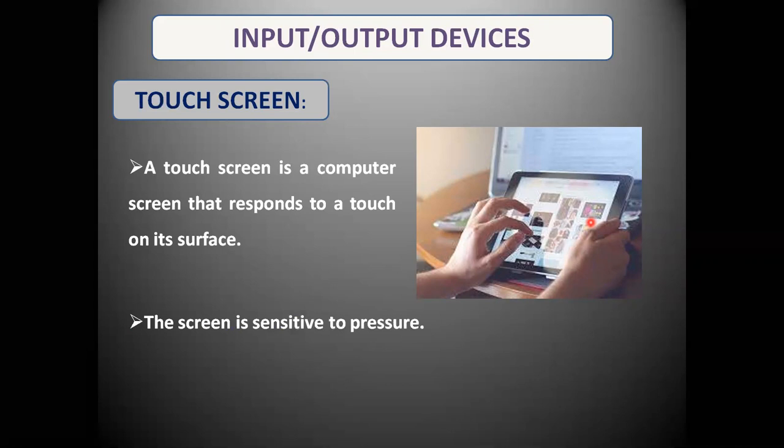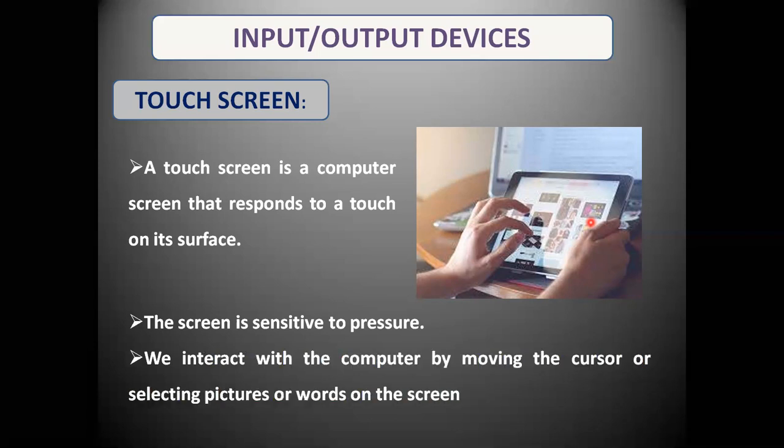The screen is sensitive to pressure. The screen of the touchscreen is made such that it senses even the slightest of pressure and opens whatever icon we are pointing to or touching, or whatever instructions we are giving. We interact with the computer by moving the cursor or selecting pictures or words on the screen.